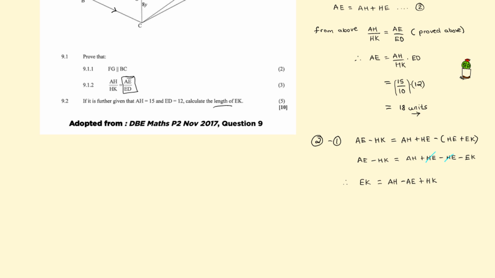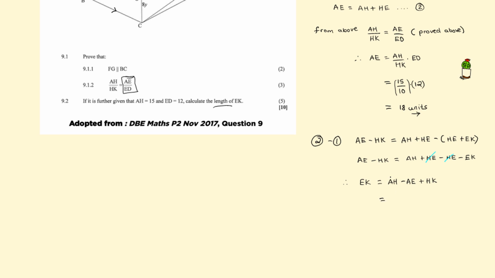It cancels itself out, leaving me with, if I now solve for EK, so EK moves to this side and everything else moves to the other side, we will have AH minus AE plus HK. Now it's just a matter of substituting into this equation.